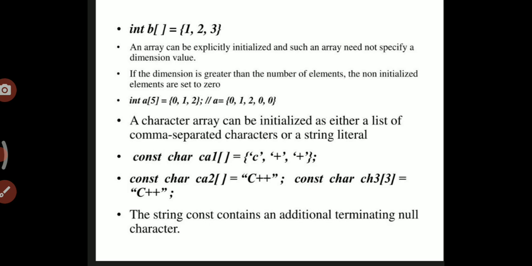A character array can be initialized as either a list of comma separated characters or a string literal. The string constant contains an additional terminating null character.